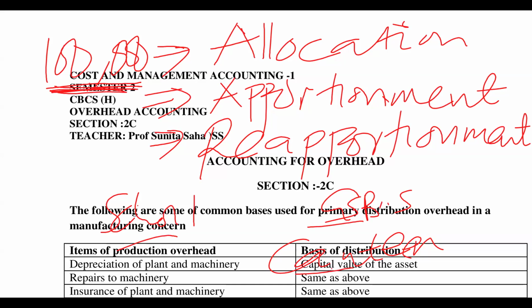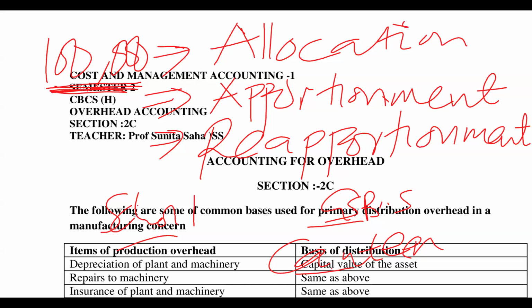Now, how do we share? Pay attention now. This is the thrust of today's conversation. How do you get to share this 100,000? What basis do you use to share with these other departments? The basis that you are using is called the basis of apportionment.